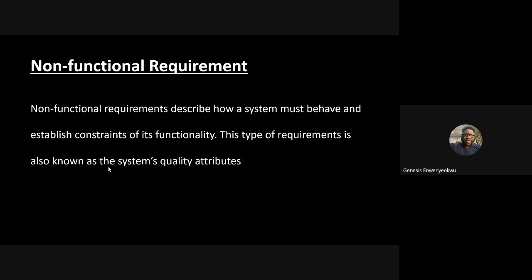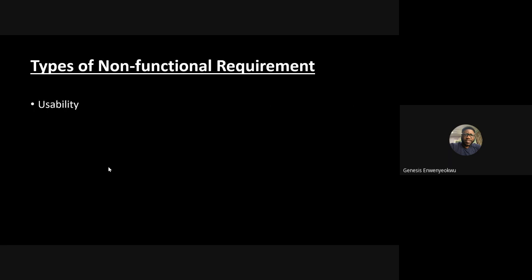We're talking about the quality of the solution, ensuring that the service the products or software is providing is of quality or gives the best experience to our customers and gives a better brand image to us. So non-functional requirement describes how a solution must behave and establishes constraints for its functionality. This type of requirement is also known as systems quality attributes.